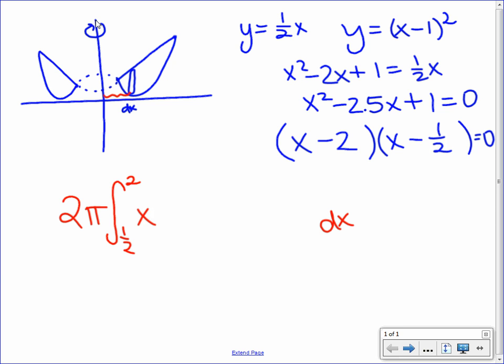From top to bottom, it's 1/2 x minus (x minus 1) squared. So you plug it into the calculator. You do top minus bottom, because that's how long those rectangles are. That's how high they are.